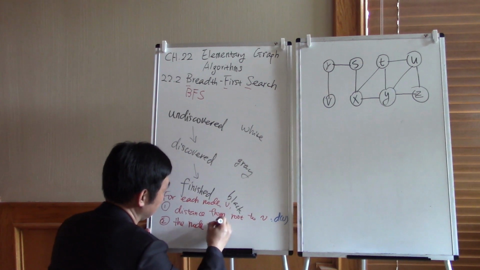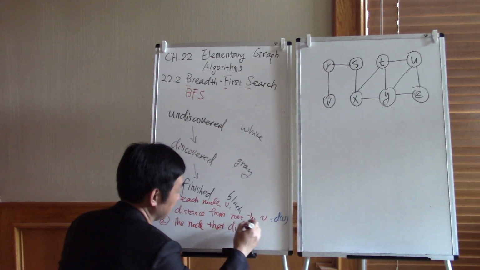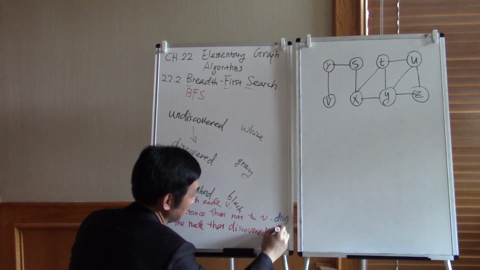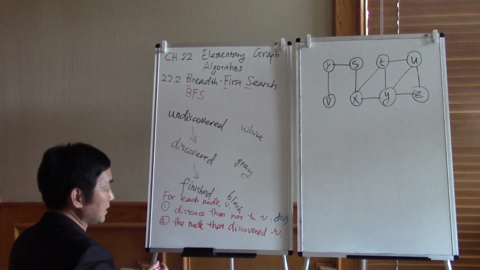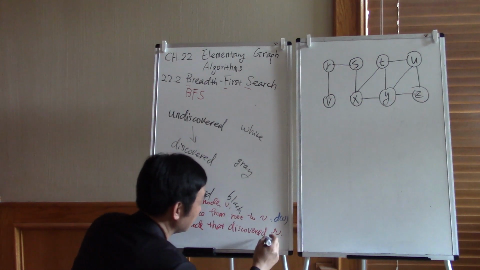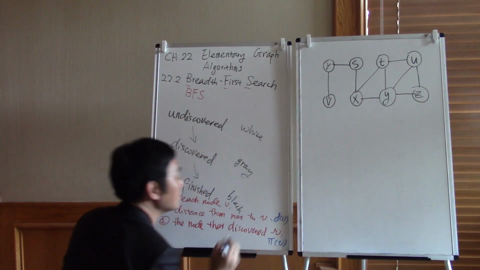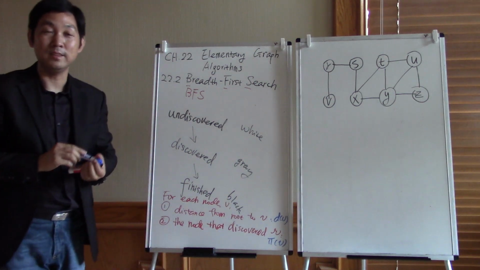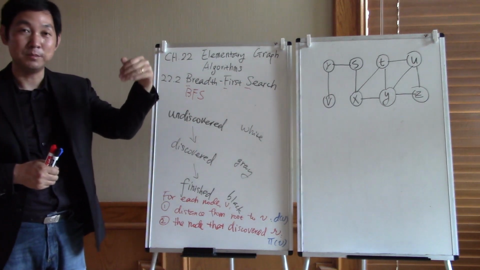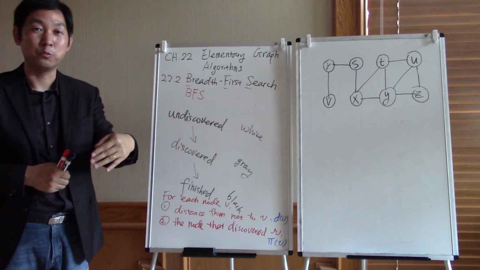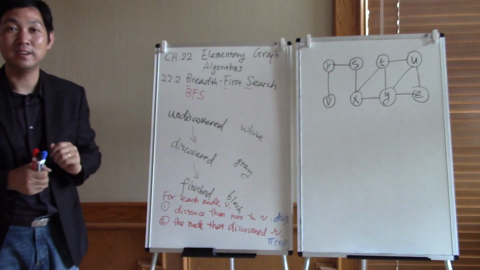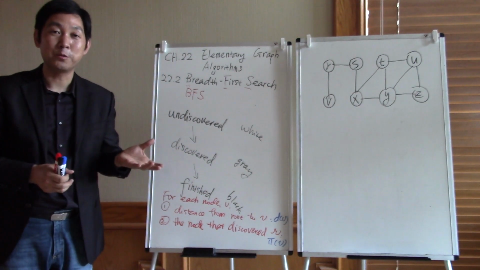The node that discovered V, we are going to call this one pi of V. So every node has 2 numbers. One is how far away it is from the root. Second is which node the path from the root passes through before reaching V. We call this one pi of V. Okay, so now let's run this BFS algorithm and see how it works.